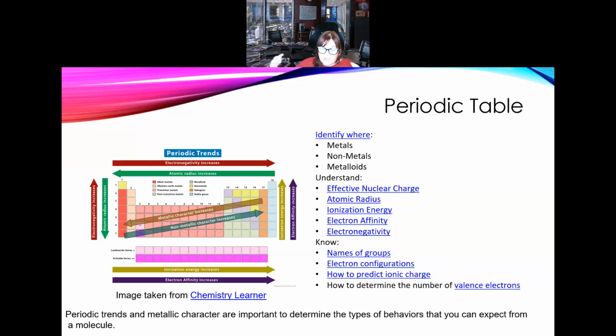So as I continue to add stuff in that same shell on the outside and have this bigger charge in the inside, things pull in. Okay, so as I go across this table from the left side to the right side, things get smaller. And that's because of the higher nuclear charge. It looks to be in a more effective nuclear charge. Okay, so with effective nuclear charge, we get smaller as we go across to the right.